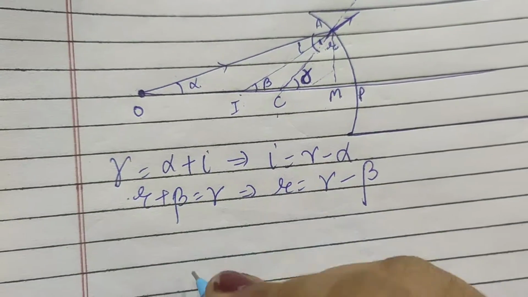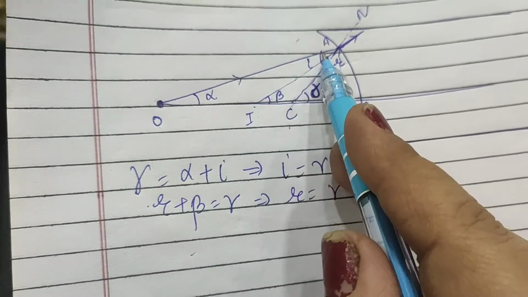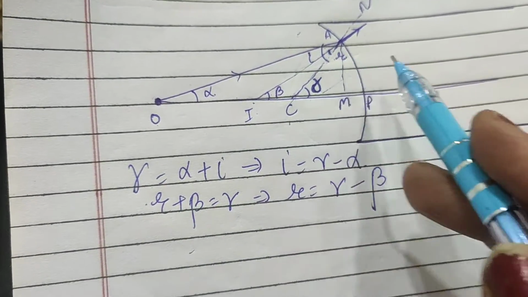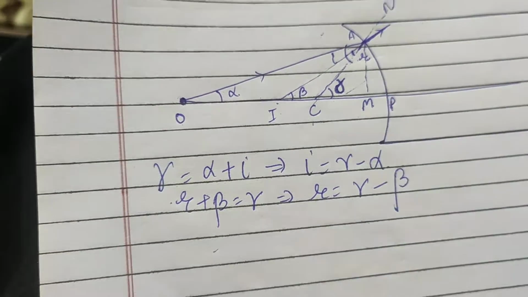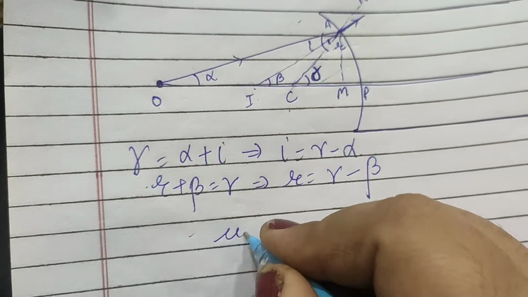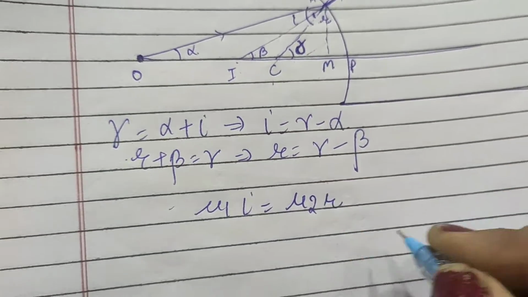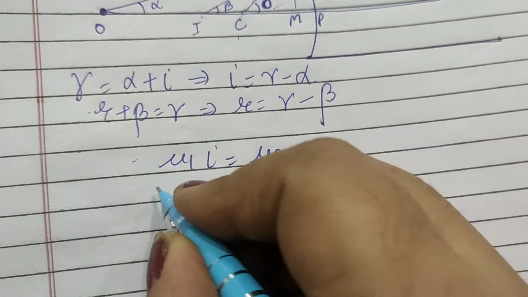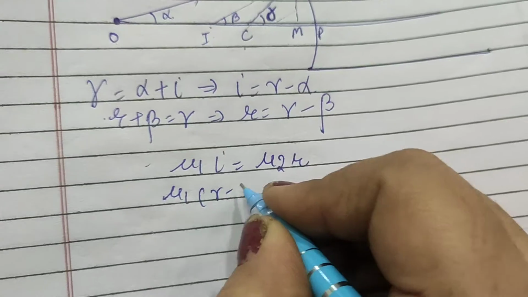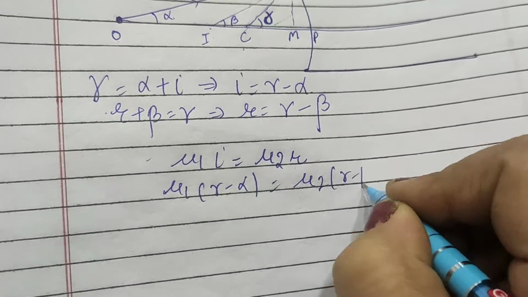Now using Snell's law. Snell's law is mu1 sin i is equal to mu2 sin r. In this case we will have the expression mu1 i is equal to mu2 r, just like we have done previously. Now putting the values of i and r, mu1 times (gamma minus alpha) is equal to mu2 times (gamma minus beta).